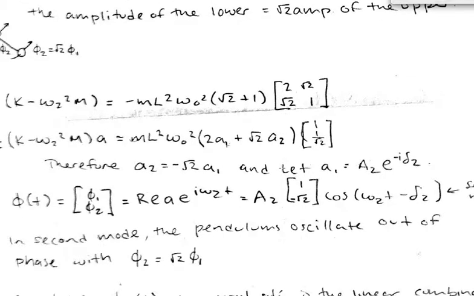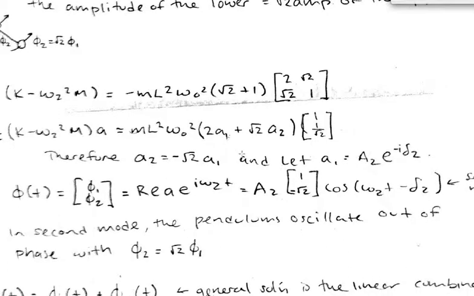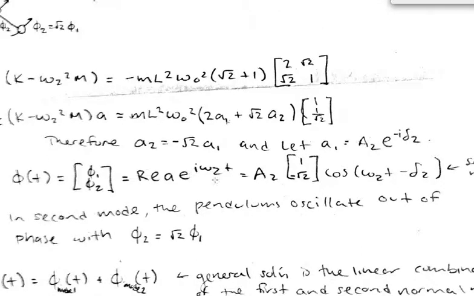And now for the second mode you follow the same process, but now we're substituting in our omega 2, and the difference in this case is that a2 is minus radical 2 a1, and so your phi of t is A times the matrix of 1 and negative radical 2, cosine of omega 2 t minus delta 2.